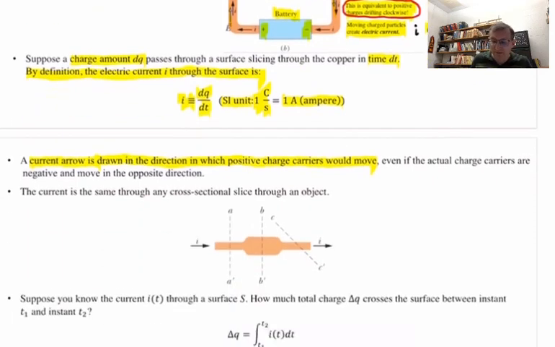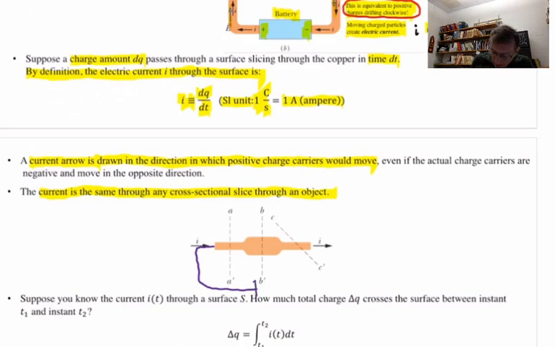Here's another important fact, borne out by experiment. The current is the same through any cross-sectional slice through an object. Now this picture down here needs a little explanation. Imagine what you see there is a piece of copper, conducting material. But what you don't see is the rest of the circuit that they haven't drawn.